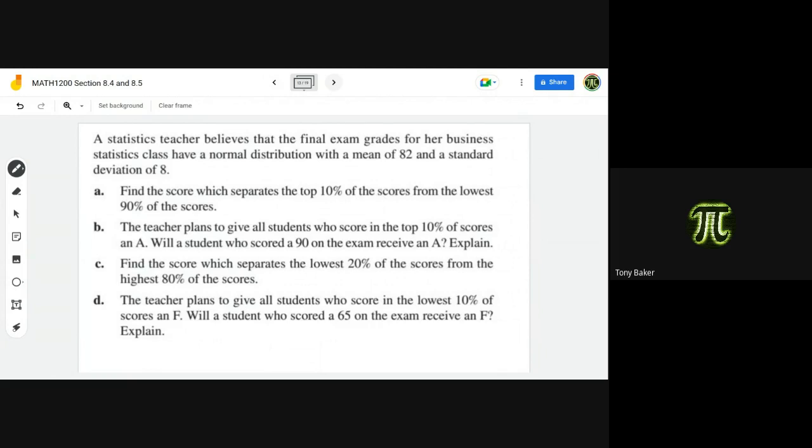So would a student who scored a 90 get an A? No, you'd have to get a 92 to get an A on the test. Only 92 and above would get an A on the test. If you scored a 90 or a 91, you'd get a B.